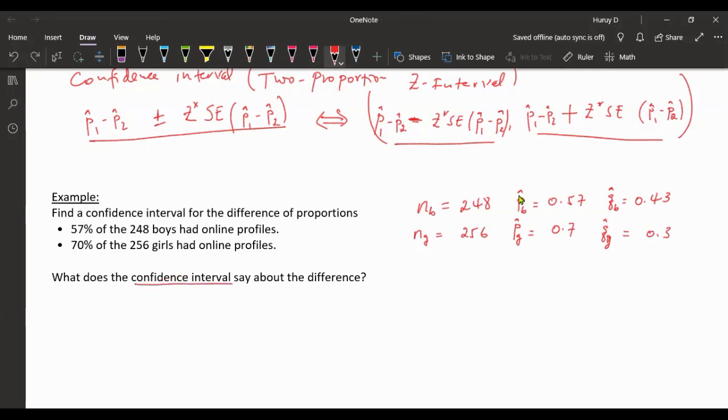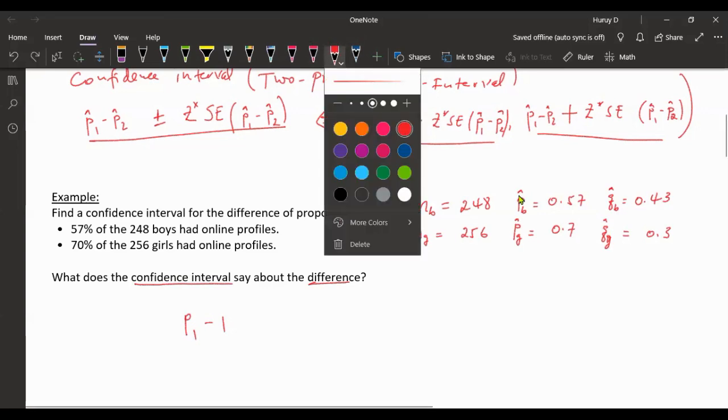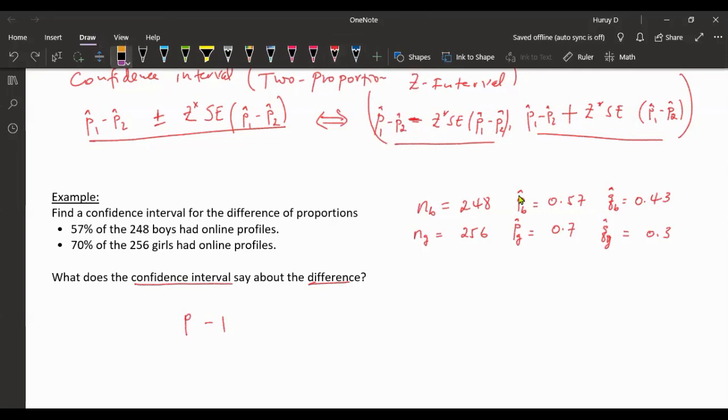So now we have all the values, and we're asked to construct a confidence interval about the difference between those two. When we say the difference, we're trying to see what this difference looks like. Instead of P, we will do the proportion of girls minus proportion of boys, because that of girls is higher.